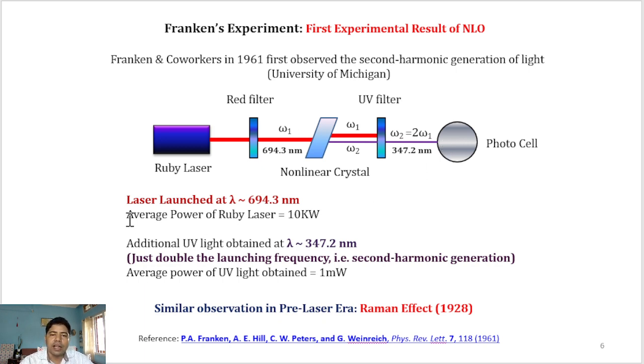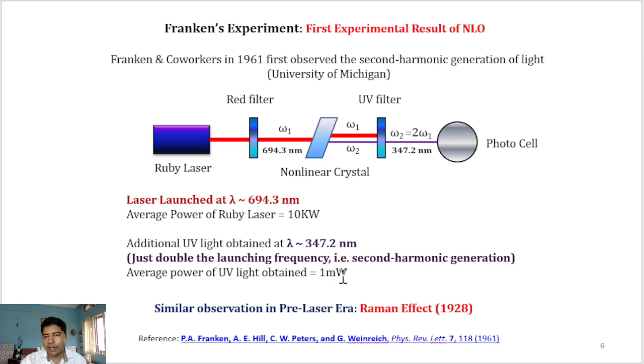So the laser was launched at 694.3 nanometer, and the average power of the laser was 10 kilowatt. An additional UV light was obtained at a wavelength of 347.2 nanometer, which is just double the launching frequency. That is, it is producing the second harmonic. So it has generated the second harmonic. But the average power of that UV light was obtained at 1 milliwatt only.